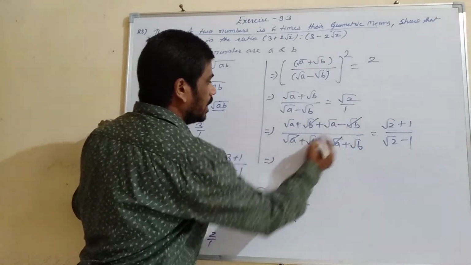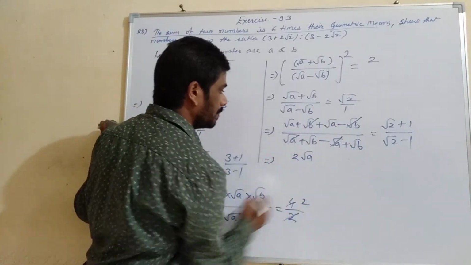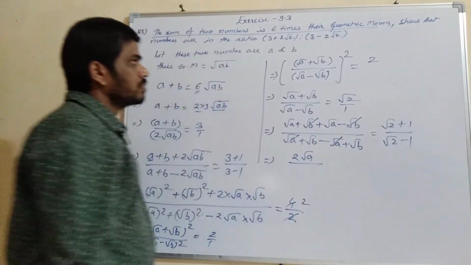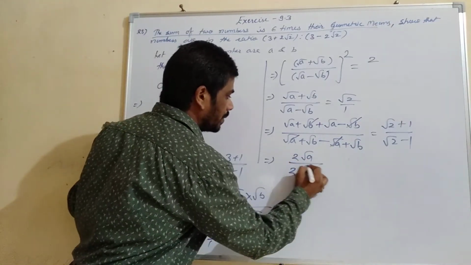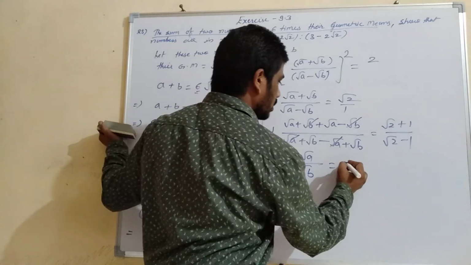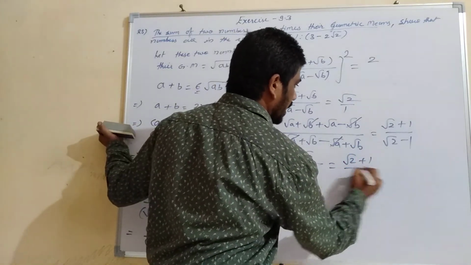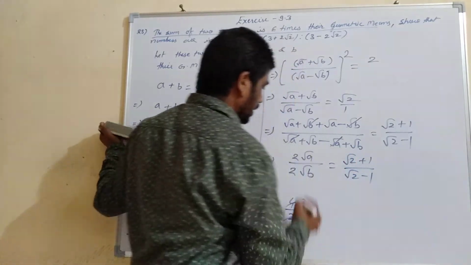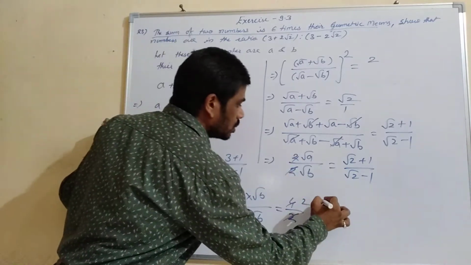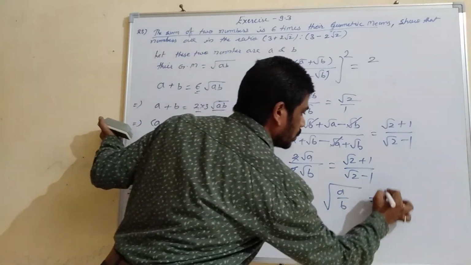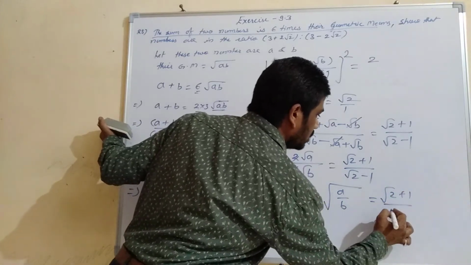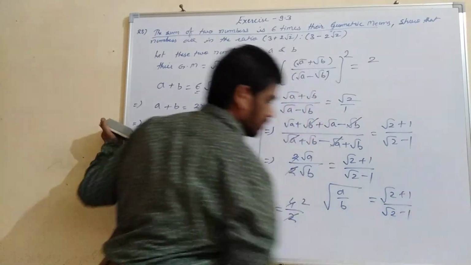So we got 2 times root a upon 2 times root b equals root 2 plus 1 upon root 2 minus 1. The 2 will be cancelled, so root a upon root b equals root 2 plus 1 upon root 2 minus 1.